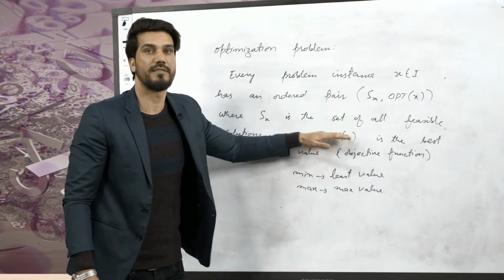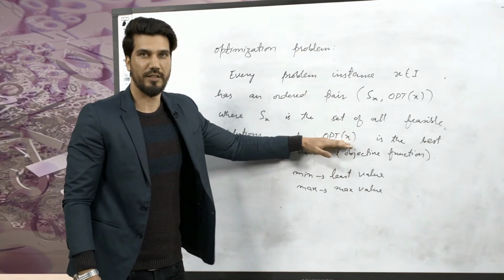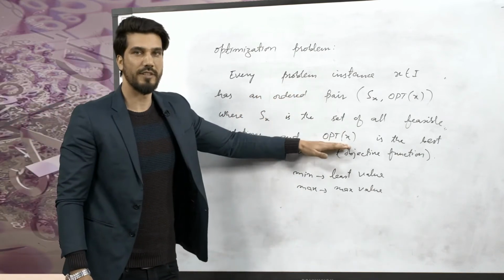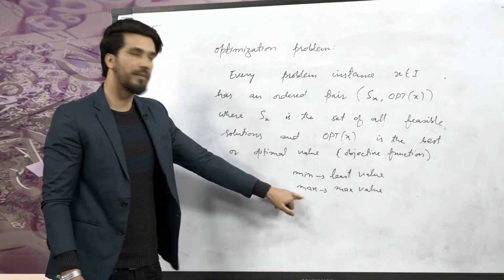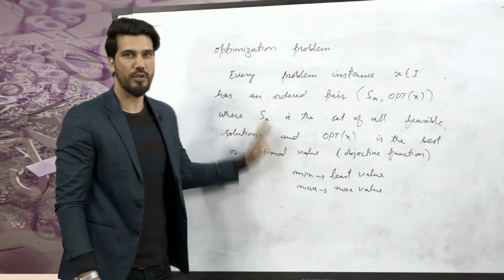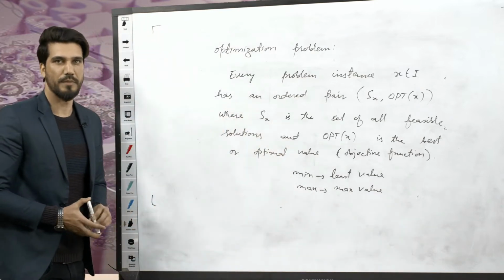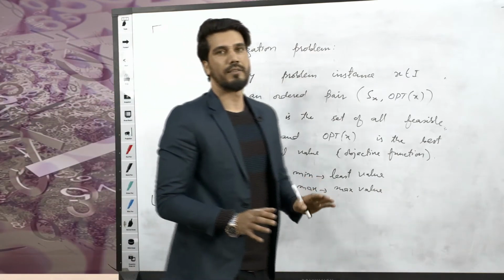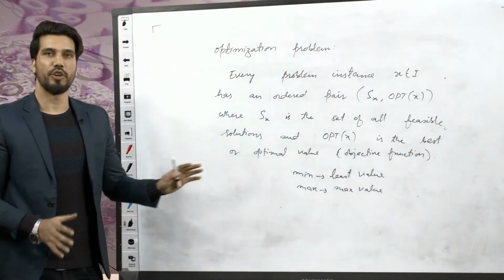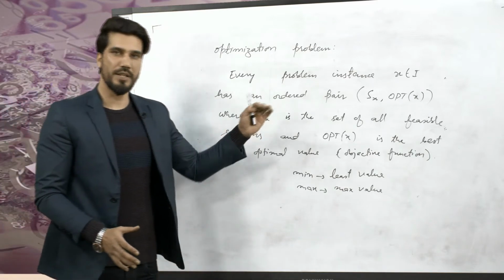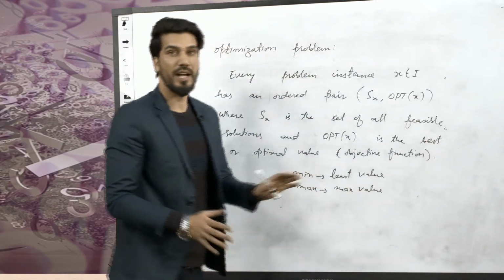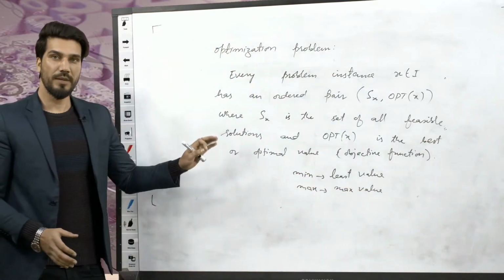We have to find this value, which is the maximum in case of maximization goal and minimum in case of minimization goal. So in a nutshell, in optimization problems, we have to find the optimal value. It can be the least value for the minimization case, and the maximum value for the maximization case.